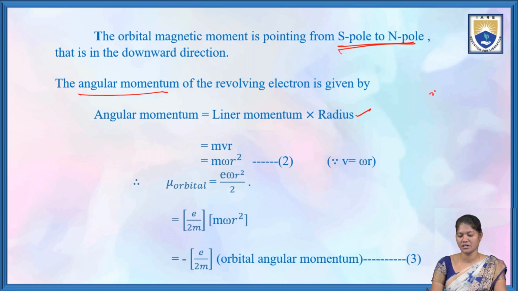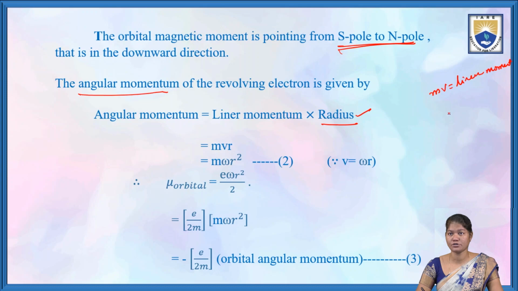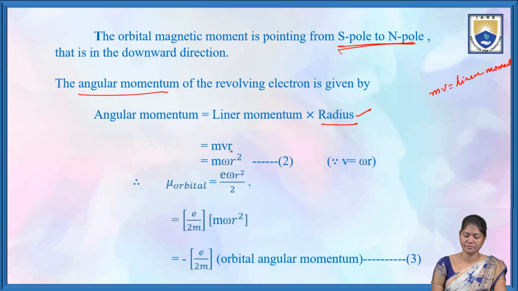So it is equal to m omega r square. Why have we written omega r here?